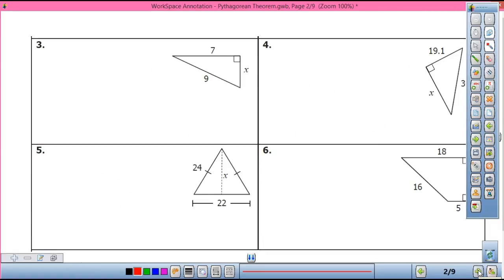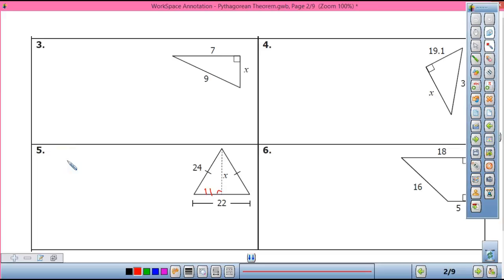Let's look at number 5. I'm not going to bore you with this all day because we have done it. How on earth am I going to do number 5? Because I don't have a right triangle. Okay, so what is this at? 11. So there's my right angle. So I can set this up as 11 squared plus x squared.